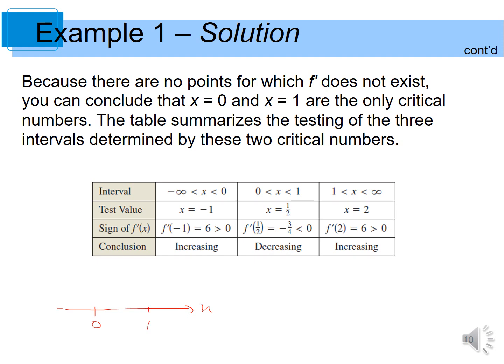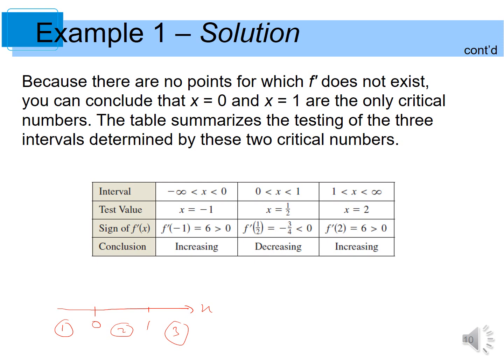so look at these two points, 0 and 1. From these two points, we can distribute to three different intervals. The first interval is from negative infinity to 0, the second interval is from 0 to 1, and the third interval is from 1 to infinity.